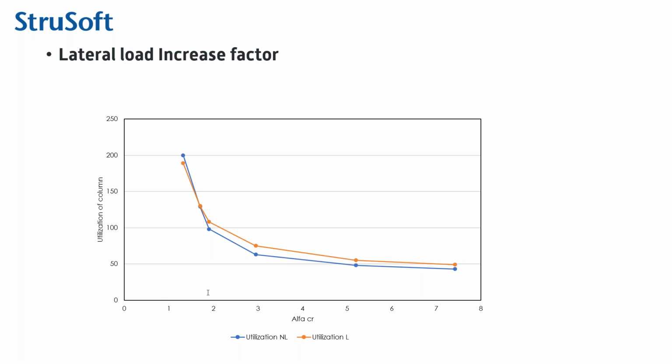Is there any risk of modeling all the connections as pins, or is it always on the safe side? It's a tough question because usually if you put pin connections, it's on the safe side. But in some instances, you get higher stresses in the beams. So according to the Eurocode, if they are semi-rigid connections, they have to be taken into account.